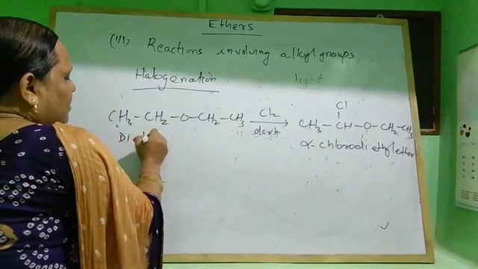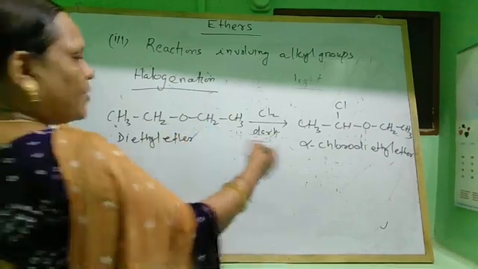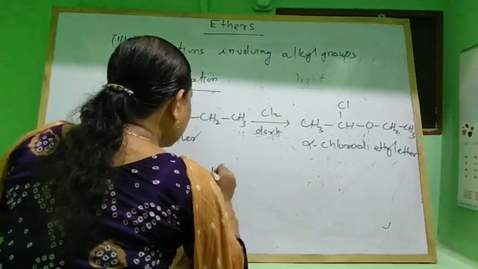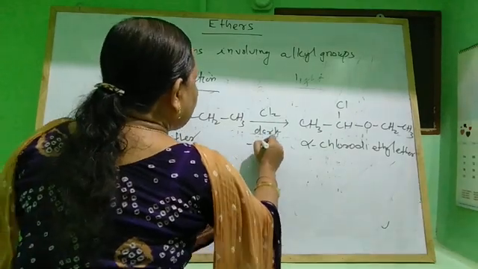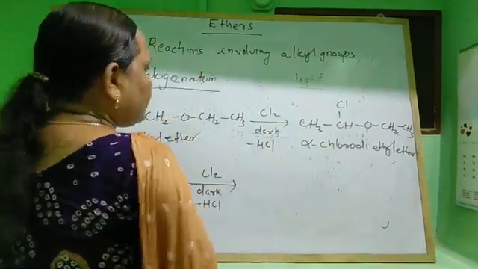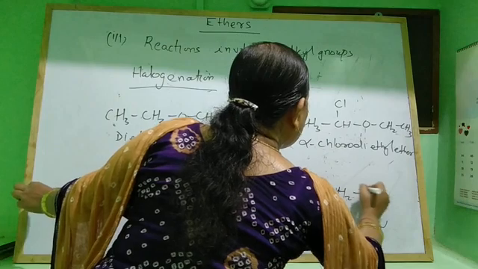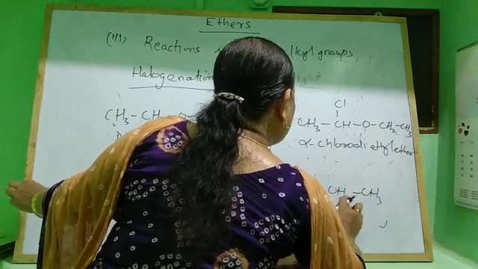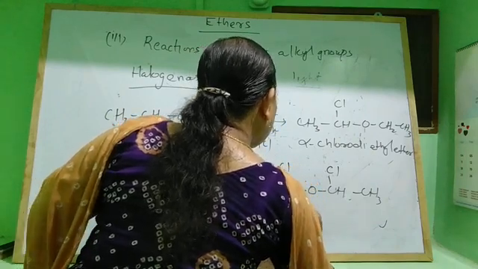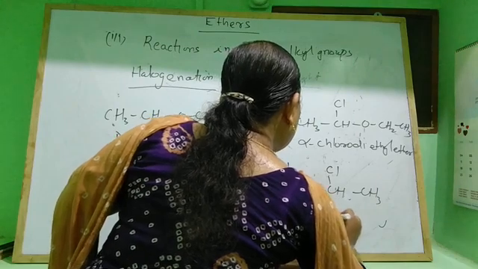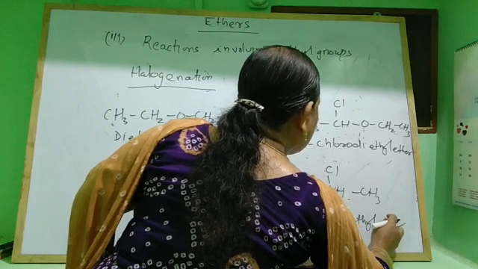This is diethyl ether, and when it again reacts with chlorine in dark, minus HCl, it forms alpha alpha dash dichloro diethyl ether.